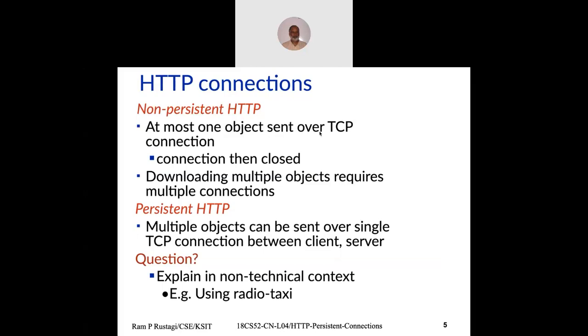That will take another 10 minutes of wait time, then you go to the next friend. So each time you move from one friend to another, you book a separate cab, and that would be the notion of non-persistent, because you are not retaining your radio taxi. Whereas if you retain the radio taxi throughout till you come back home, then you are not spending any time waiting because the taxi is always there for you. And you certainly get better performance. You will take less time to visit your friends.